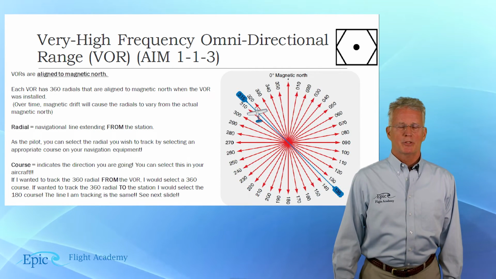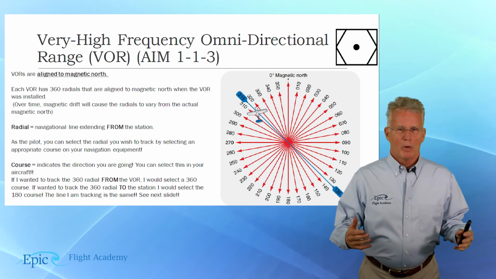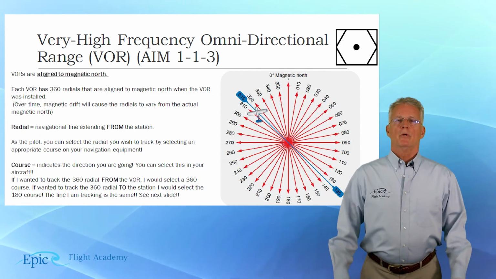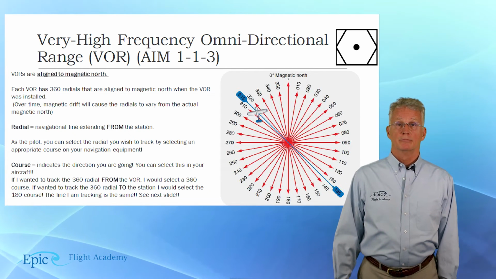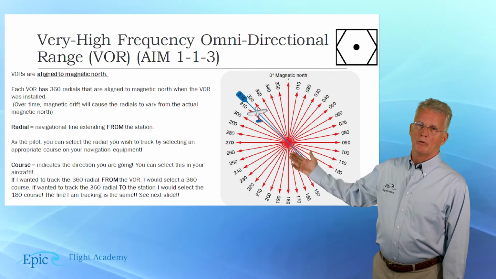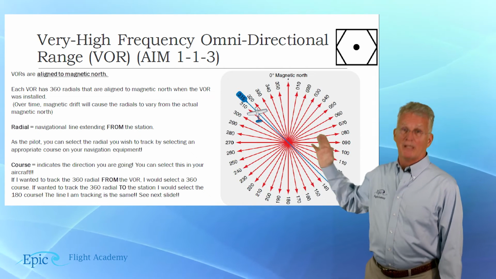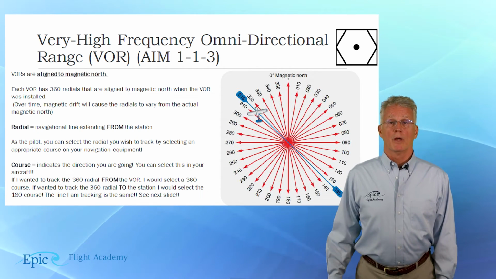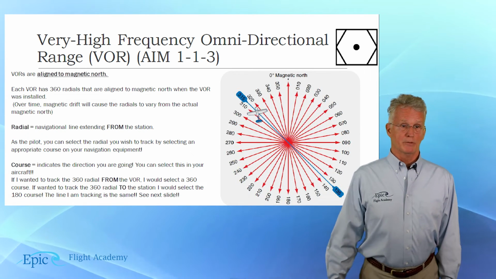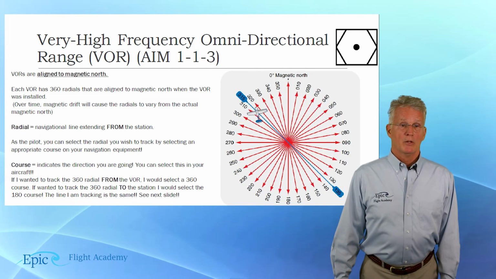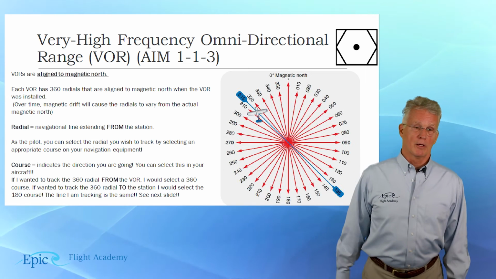All right, step two is I ask myself, well, where do I want to go? And step three, I ask myself, well, how am I going to get there? So on that same graphic, if I said, well, I want to be on the 360 radial, and I want to fly away from the station, I would select 360 with a from indication and center it up and fly away.